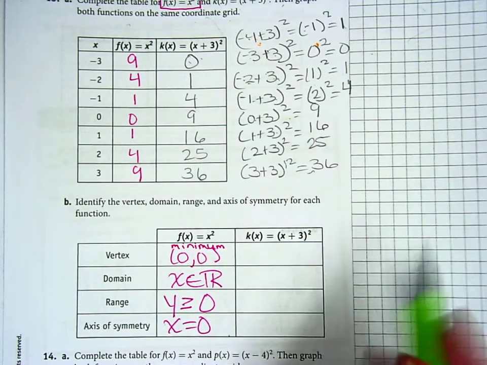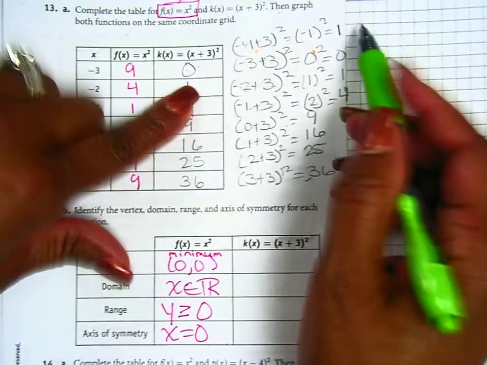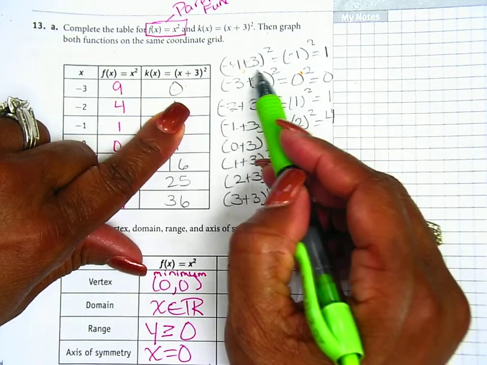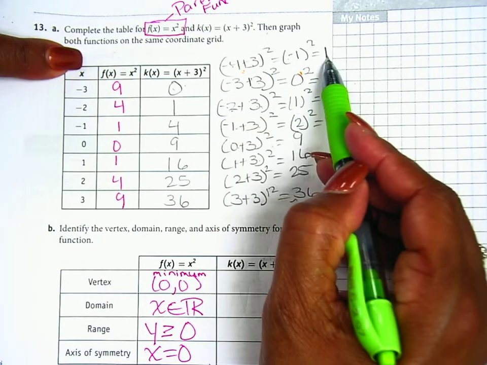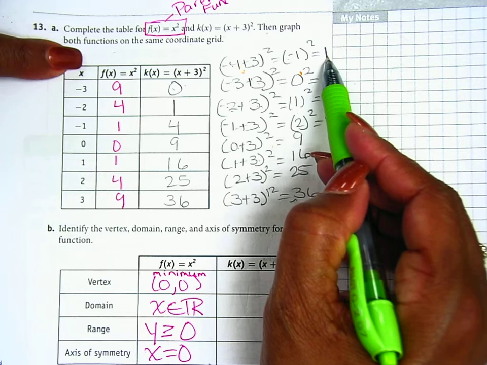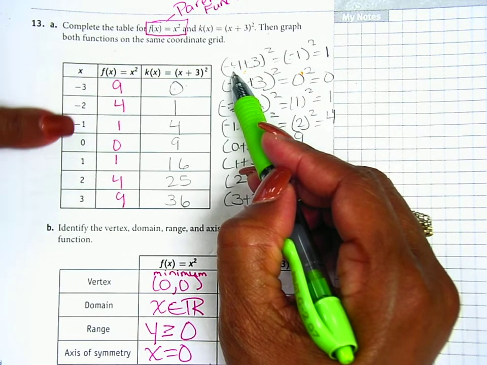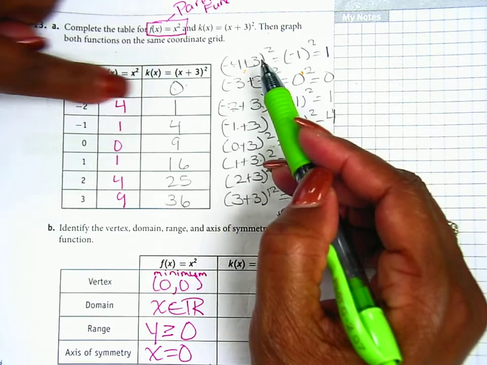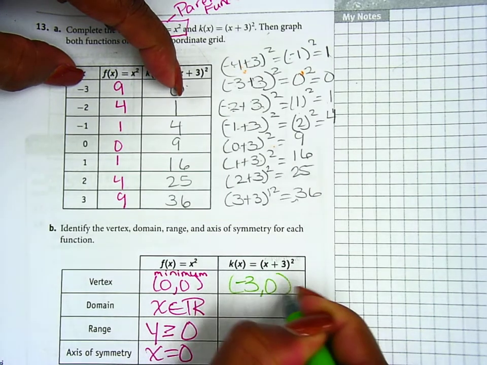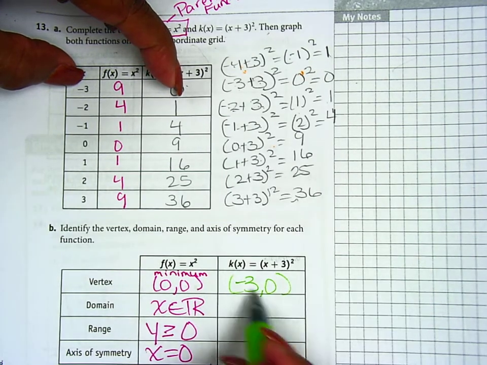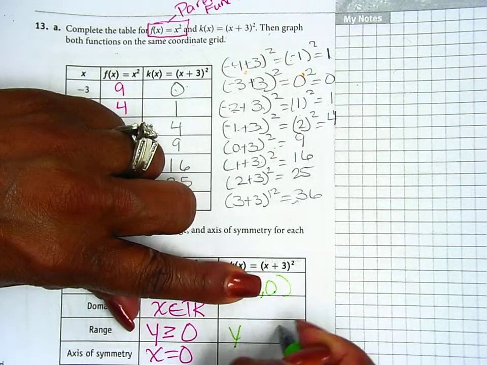Now here, for the vertex, I can look and see where it started repeating in the table. Notice I had put this 1 here. If I go up to negative 4 for the x value, I end up with a 1. When x is negative 4, I get 1. When x is negative 2, I get 1. So here, negative 3, 0 must be my vertex. But you verify that. If this is true, then my range is y something 0.